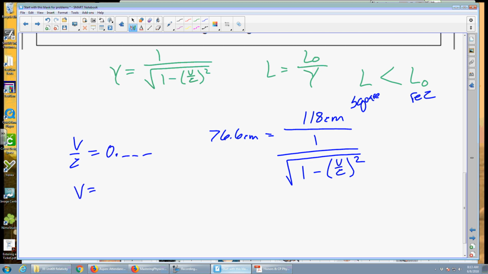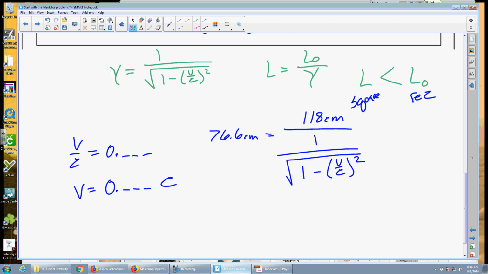Well, v equals that same decimal times c. So by solving for v over c, you're getting v in terms of c. So that's what I would suggest. And so just a little algebra and you'll be there.